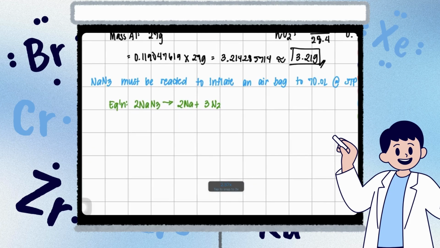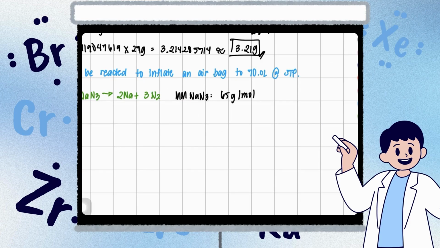Our molar mass of NaN3 is 65 grams per mole. We can get the number of moles from 70 liters all over 22.4, since 22.4 is the constant whenever it is at standard temperature and pressure.